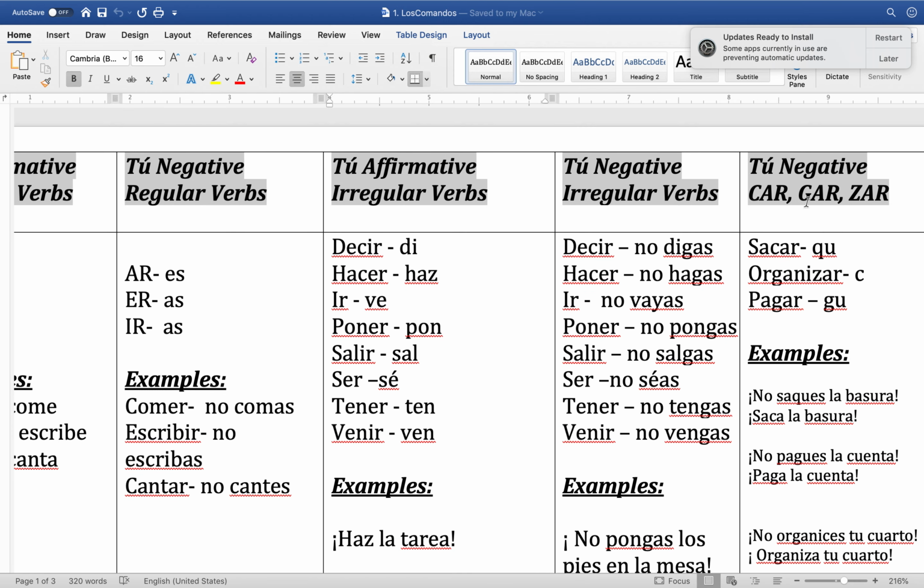I know it's a lot of rules, but little by little you will get them, and when you go to Spanish 3, we review all that you have learned in 1, 2, and then 3, and add a little bit more. That's exactly what we do with Spanish 4.